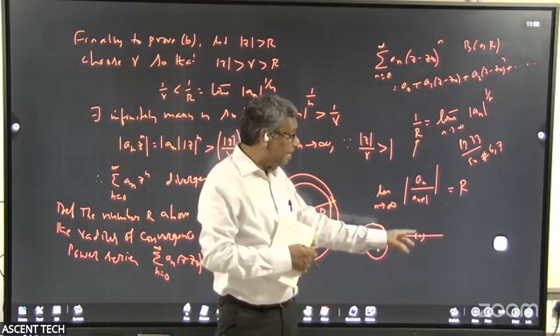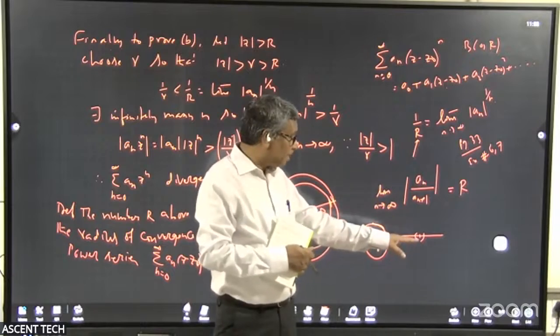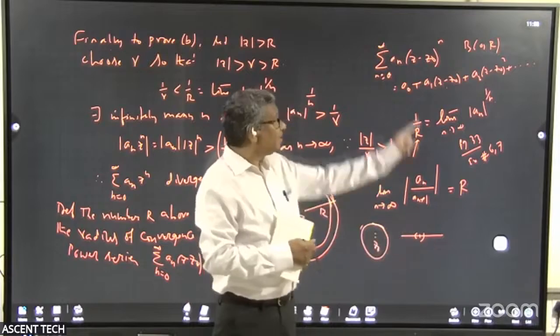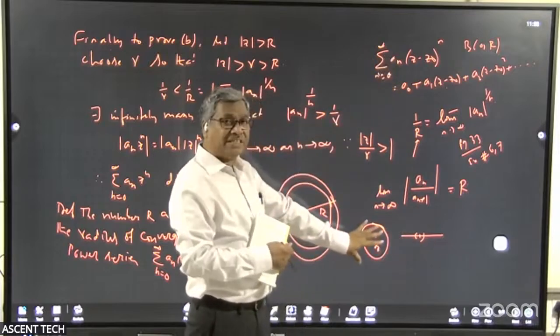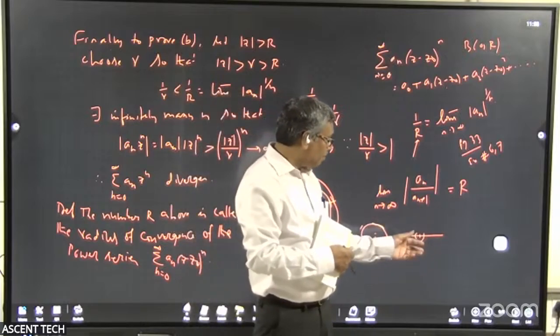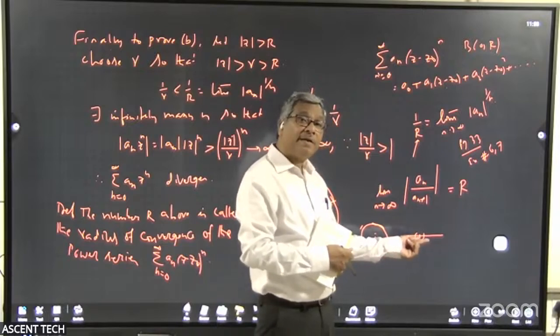There are what are called real analytic functions. Real analytic functions are functions which can have a power series expansion on the real line only, not on the whole complex plane. The complex case is in a disk around z0. But a real analytic function is a real valued function which will allow a power series expansion around a point, but only on the number line.